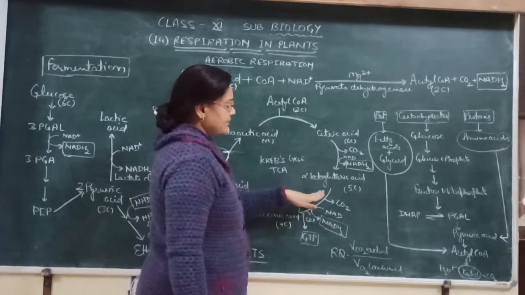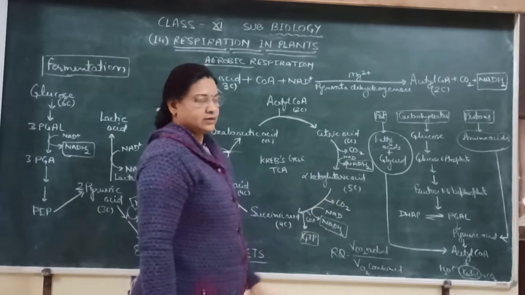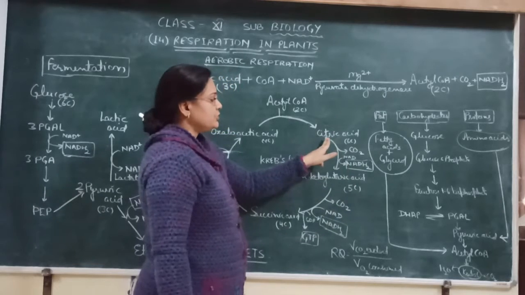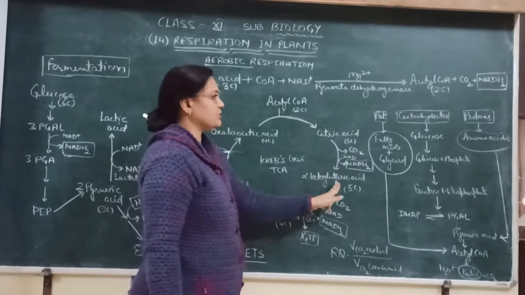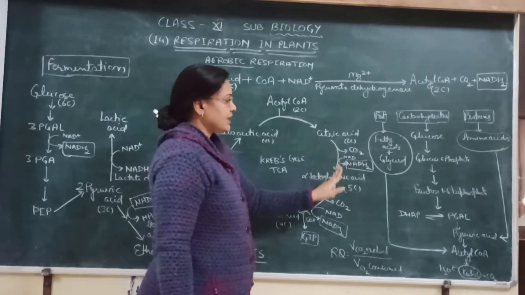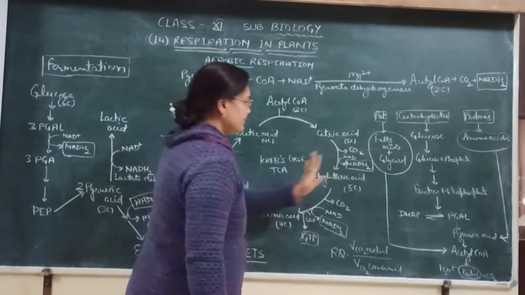Then in the next step, citric acid is converted into alpha-ketoglutaric acid, a 5-carbon compound. During this conversion, 1 carbon dioxide molecule is released and 1 NADH2 is formed. Clear?